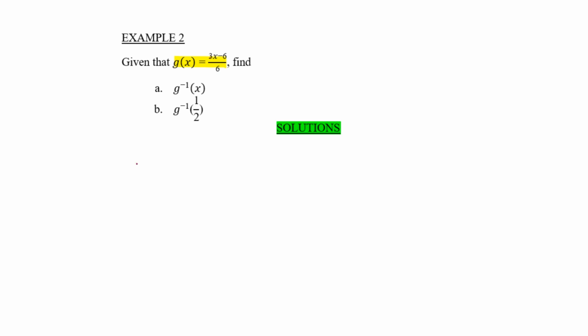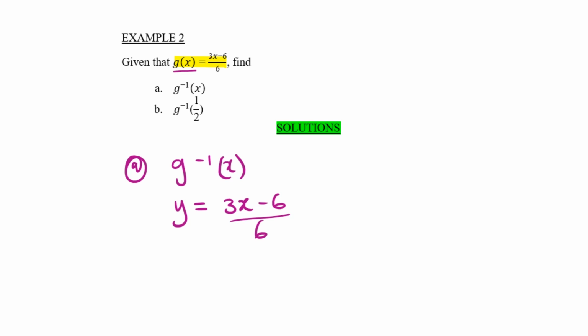So in the first place, question A, we are saying g inverse of x. We said if we have this function, where there is g of x, we can replace by y is equal to 3x minus 6 over 6. Here we can cross multiply.